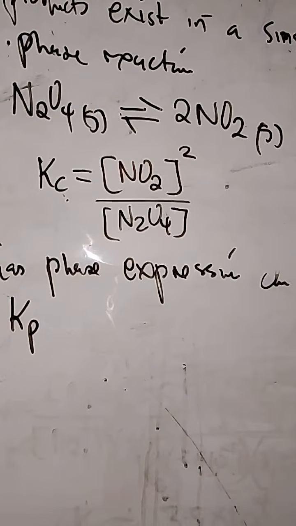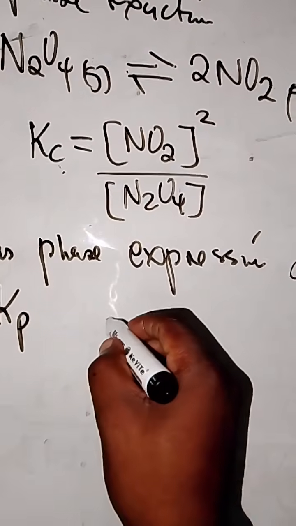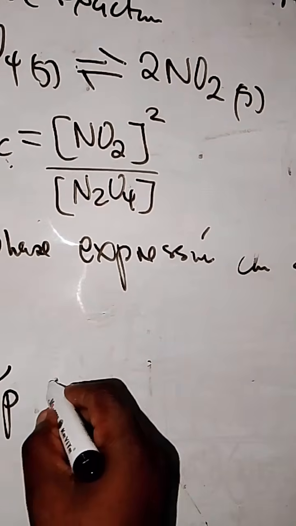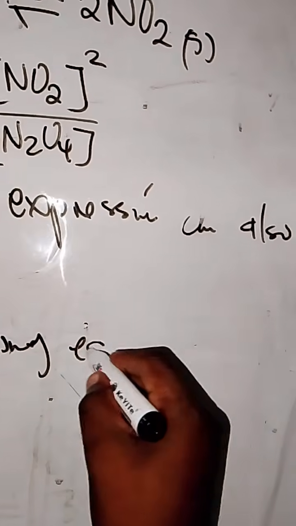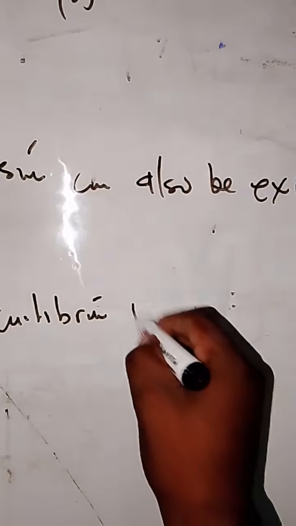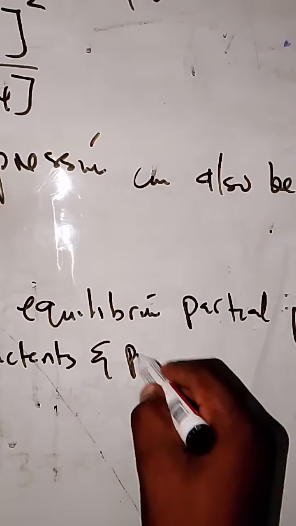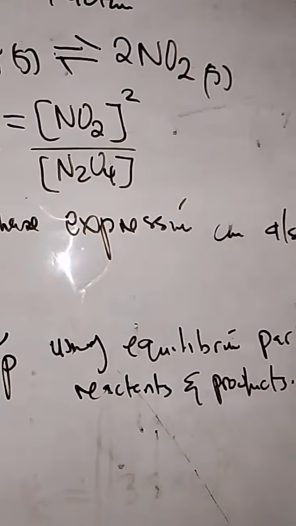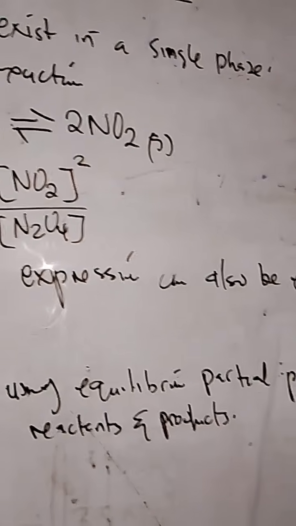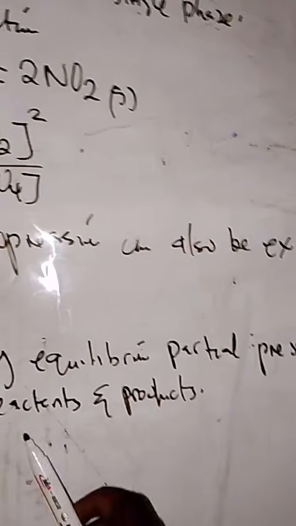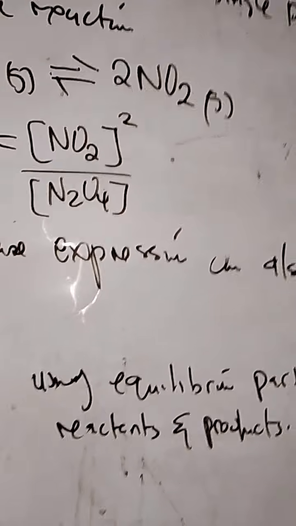The Kp expression is written using equilibrium partial pressures of reactants and products, just as Kc is written using equilibrium concentrations of reactants and products.